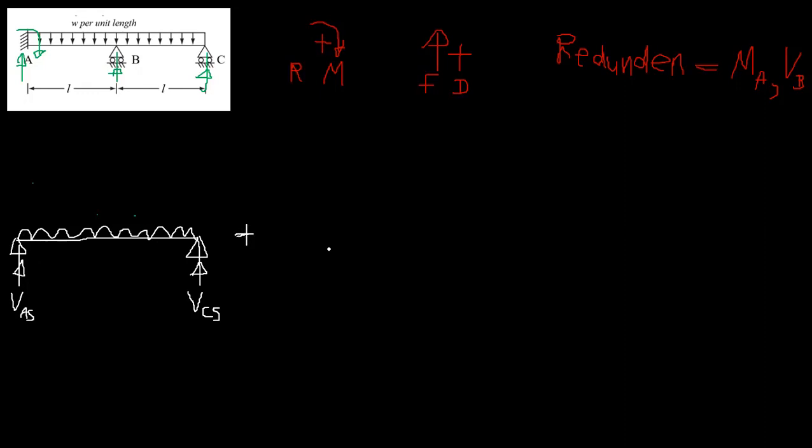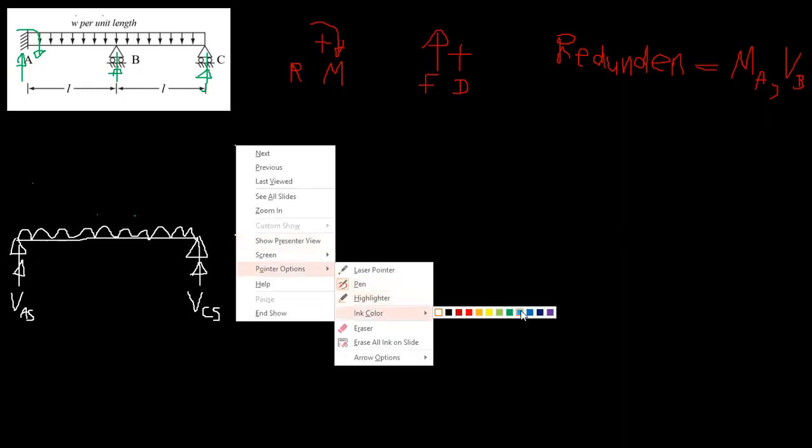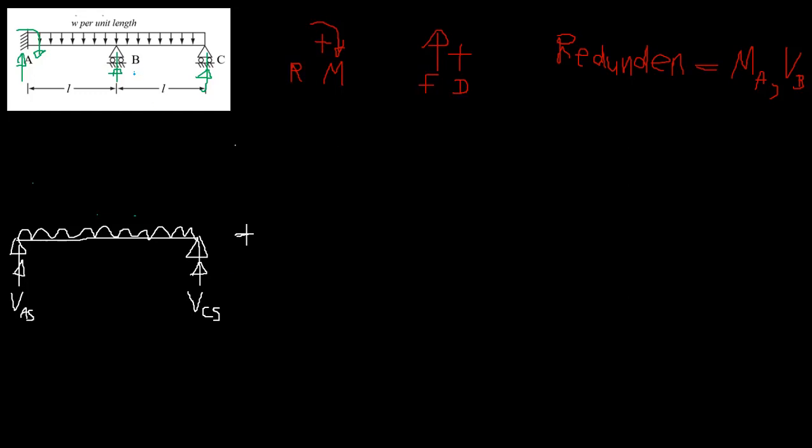What you should do then, since we removed a force, is define a redundant coordinate system. I'll call this first redundant the BB, and this the second redundant. Make no mistake, the sign convention is still valid: clockwise positive for rotation and bending moments, and upward positive.